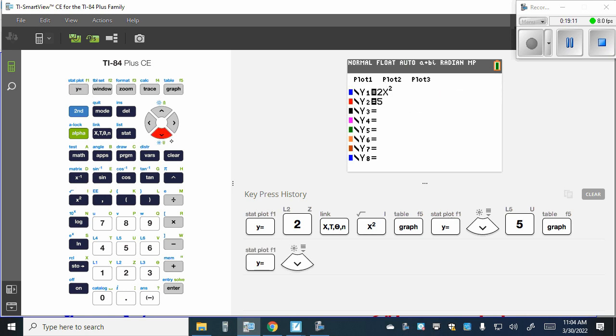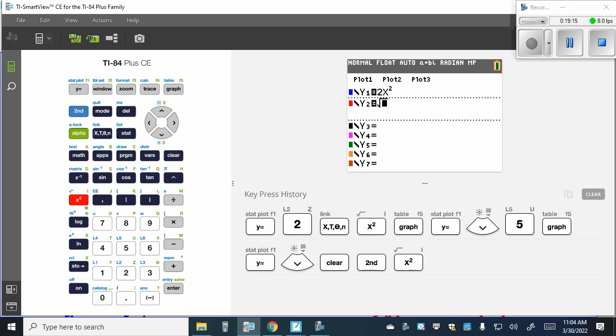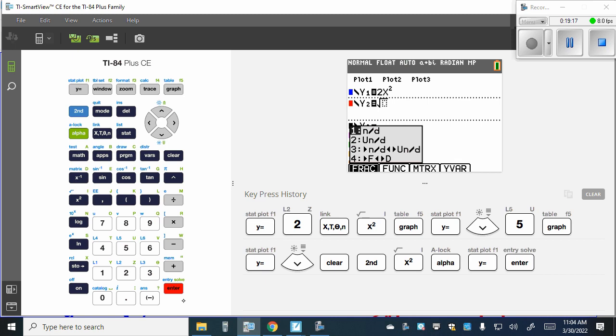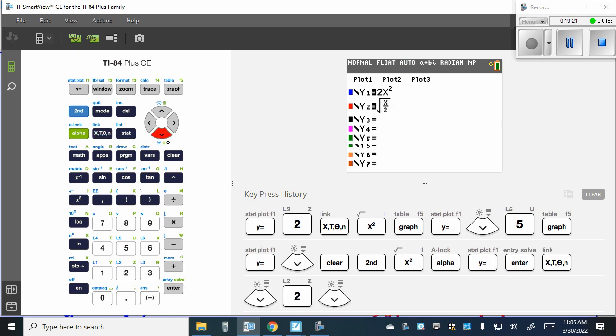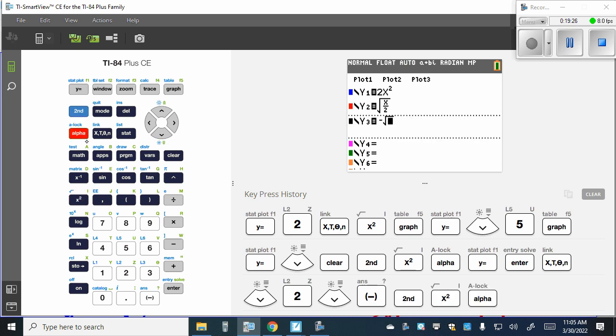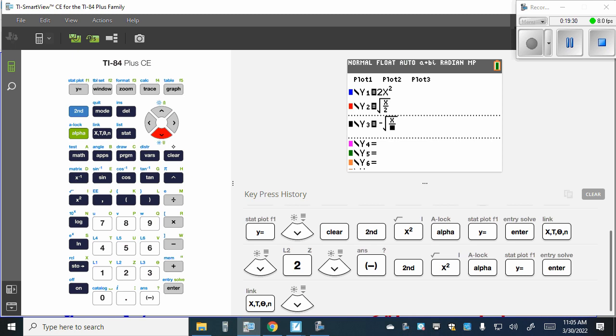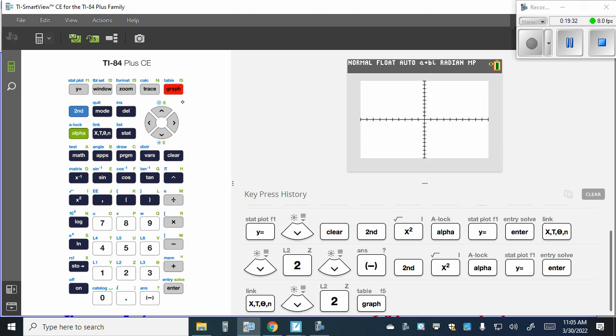Because the inverse that we found, the square root of x over 2, we had a positive case for it and we also had the negative version, the plus or minus.